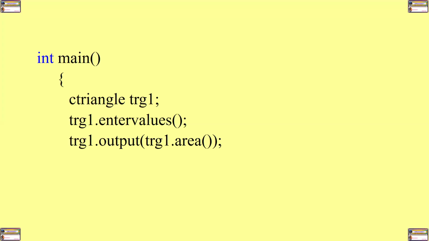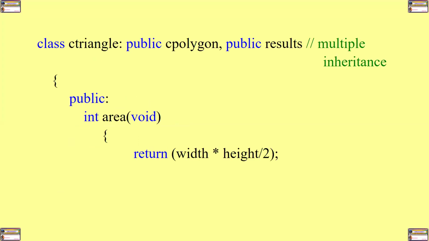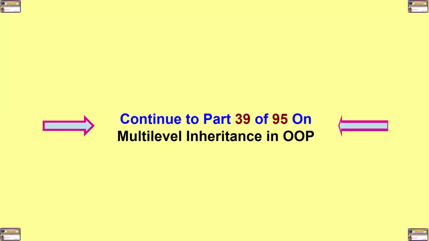And therefore, once this function called area has been invoked, it is going to generate a value. That value will be sent back to the calling function.